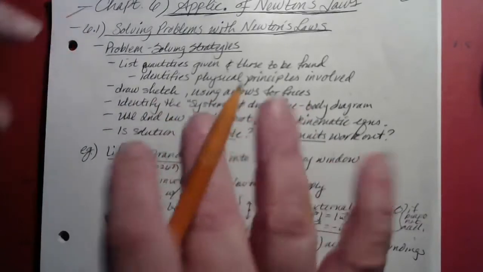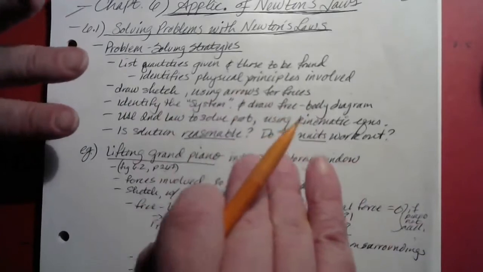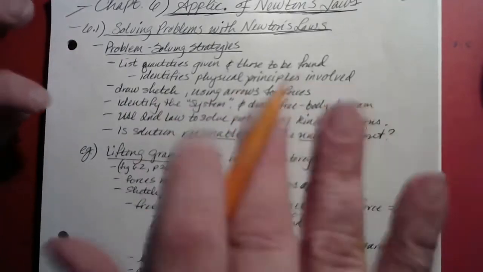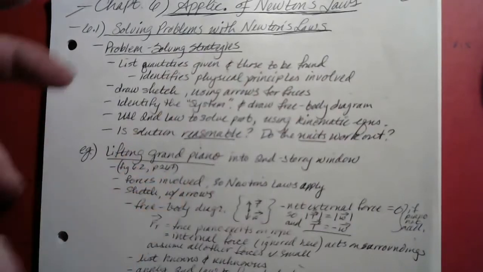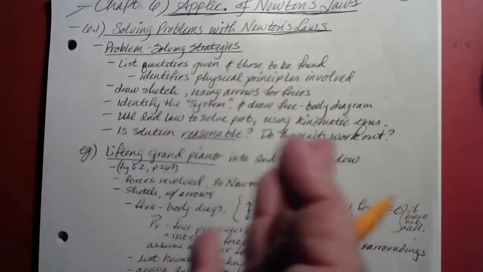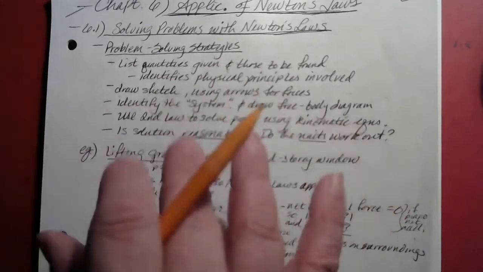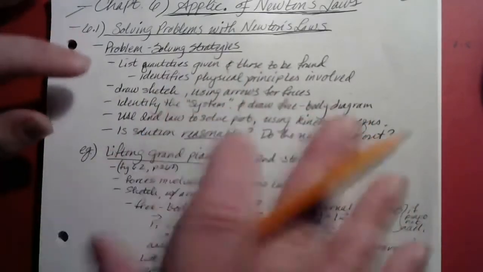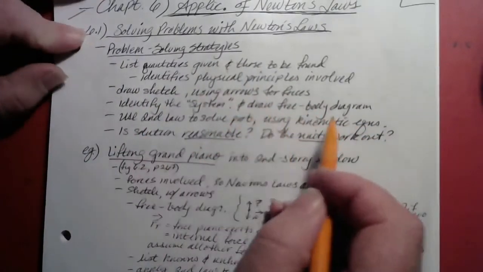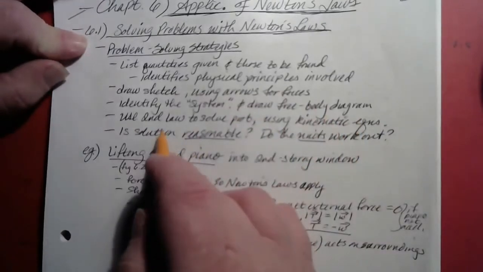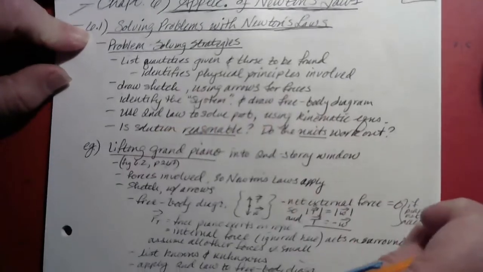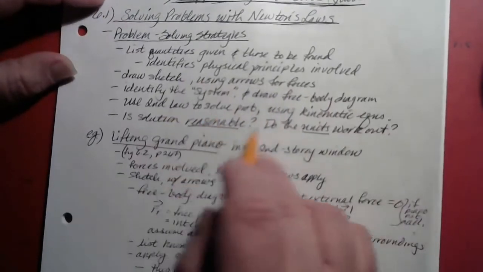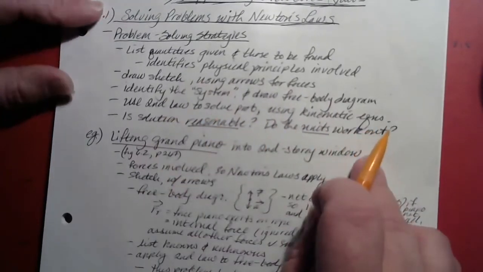That is, what is it that you're going to be focusing on, the part of the situation in which you're going to be accounting for all of the external forces. Then draw a free body diagram, use the second law, and solve the problem using kinematic equations.